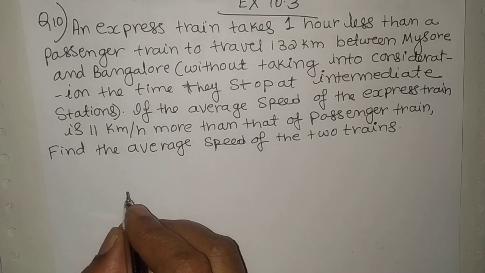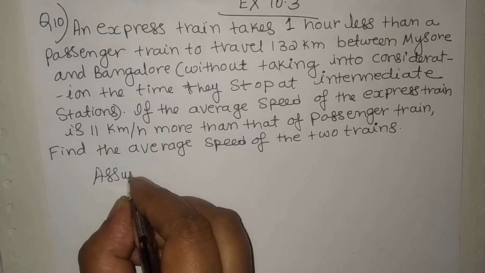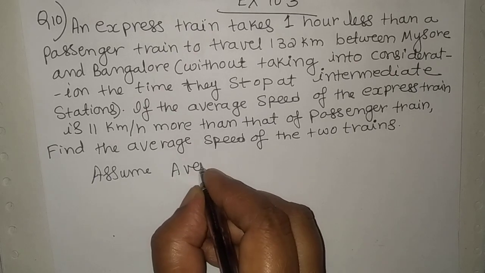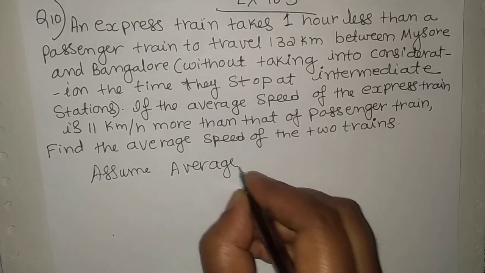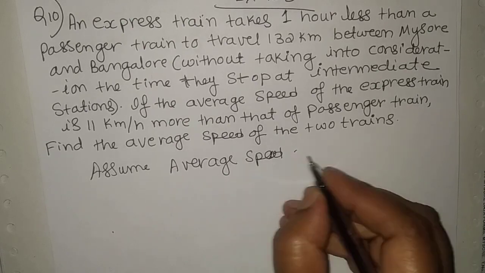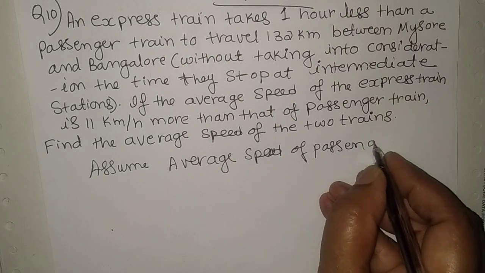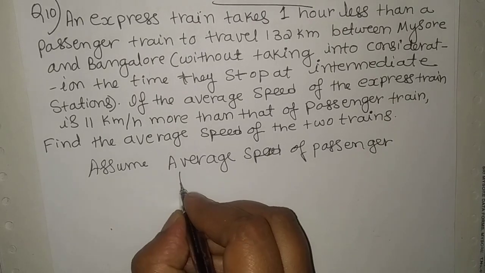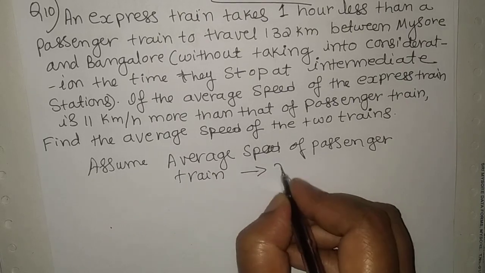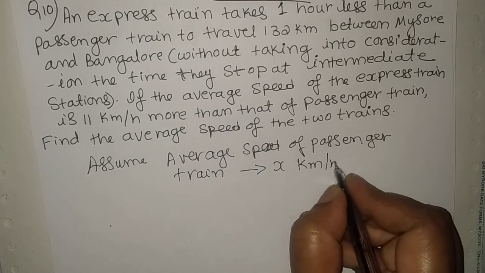First we'll assume the average speed of the passenger train is x kilometers per hour.